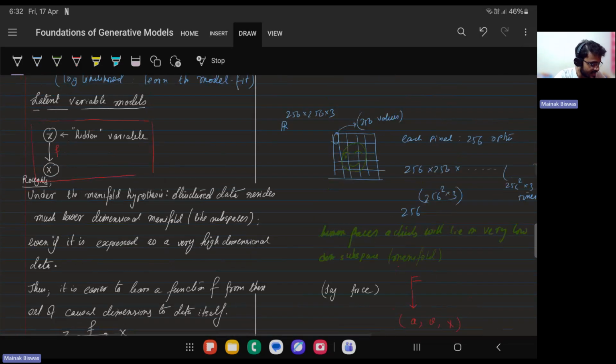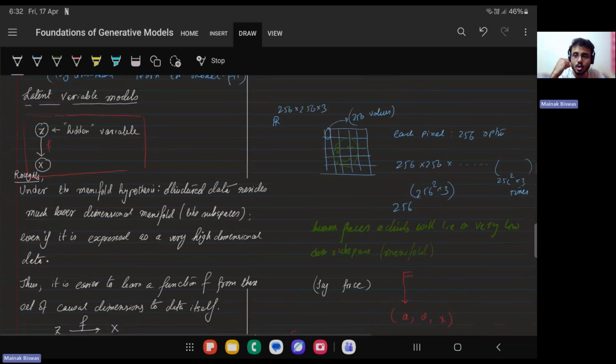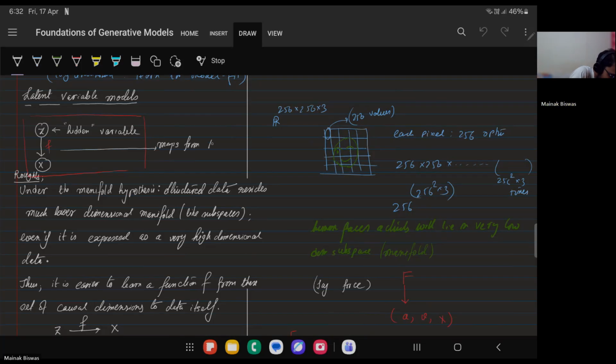So the idea is the latent is in our control. We can completely control the latent, what distribution we sample it from. But for the data, we have to learn a function that maps from the stereotypical latent to data, right?